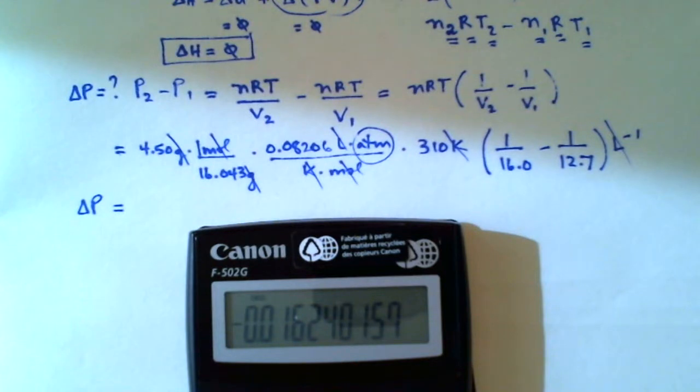Now it's an expansion, and so V2 is larger than V1, and therefore 1 over V2 minus 1 over V1 is a negative. Multiply that by 310. Multiply by 0.08206, multiply by 4.5, and divide by 16.043.